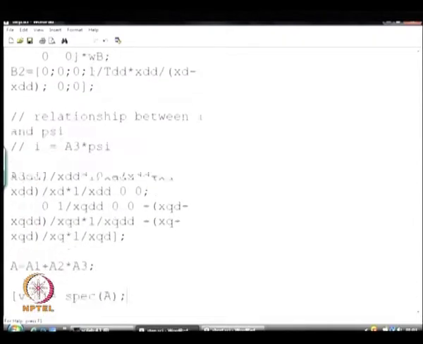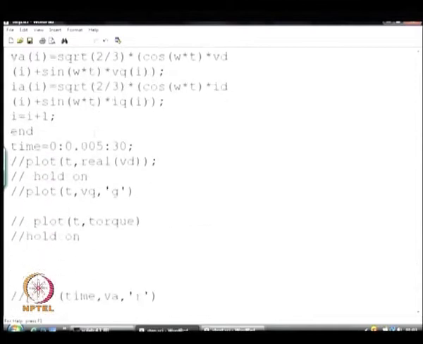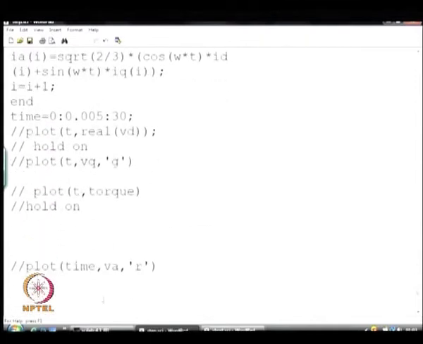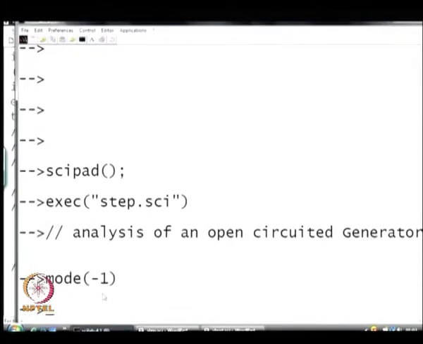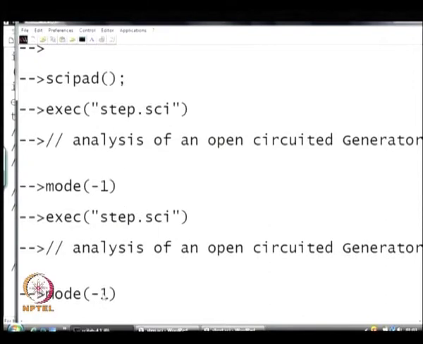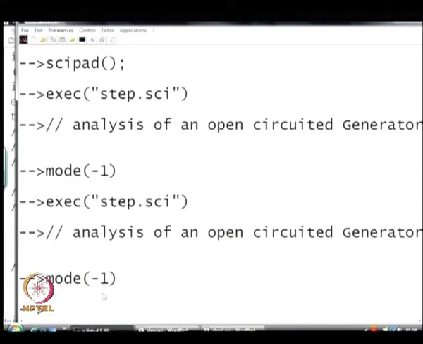So, what we will do is quickly run this program. It takes a little while because we are simulating this program for 30 seconds. Remember that I am not doing any numerical integration of equations; I am directly evaluating the time response obtained analytically using the eigenvalues and eigenvectors.